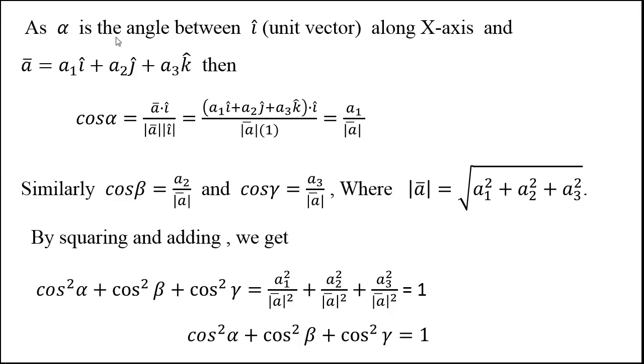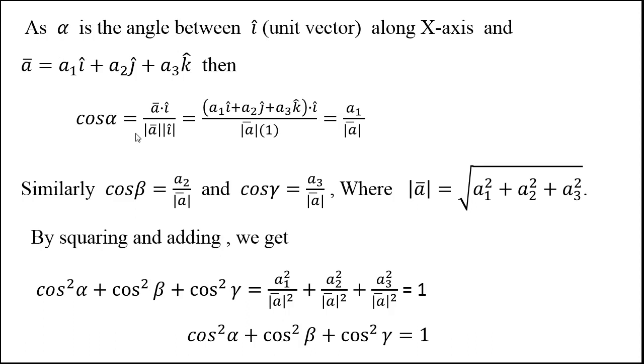Alpha is the angle between unit vector i along the x-axis and vector a bar. I am assuming that direction angles of vector a bar are alpha, beta, gamma. So alpha is the angle made by a bar with the x-axis, meaning the angle between a bar and i is alpha.